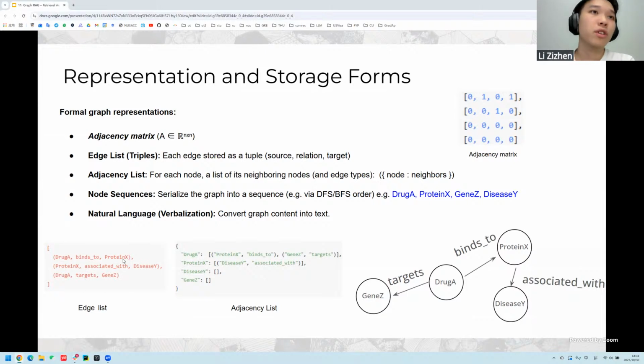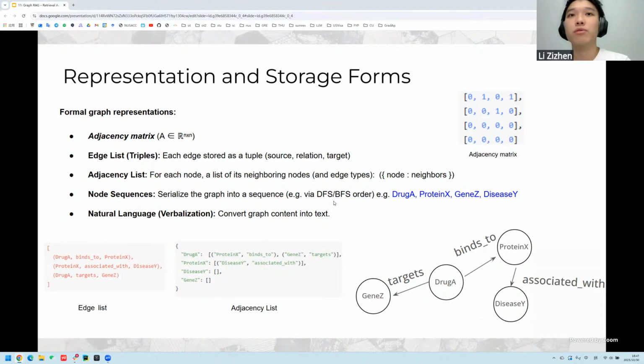Also, you can use adjacency lists, like the one shown in green. For each node, we will maintain a list of its neighbor nodes and the relationship. For example, for drug A, you can store protein X and the binds-to relationship, or gene Z and the targets relationship. You can also serialize the graph into a sequence using breadth first search or depth first search.